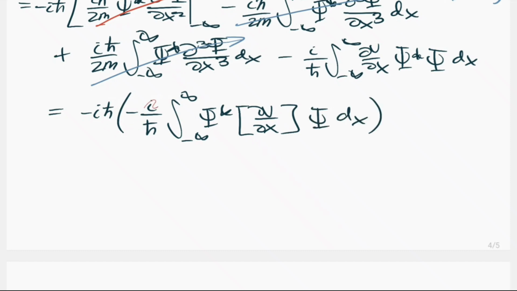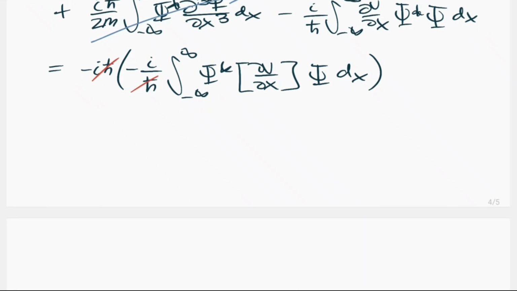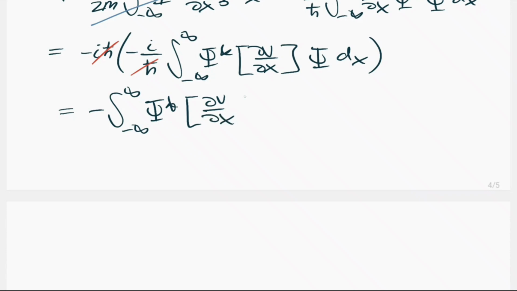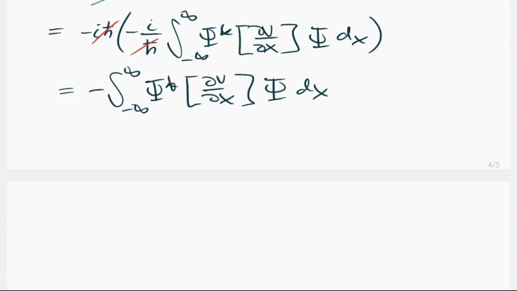Okay, well, our h's cancel, our i's square, and then obviously i squared is equal to negative 1, so we have negative 1 times the integral from negative infinity to infinity of psi star dV/dx psi dx.